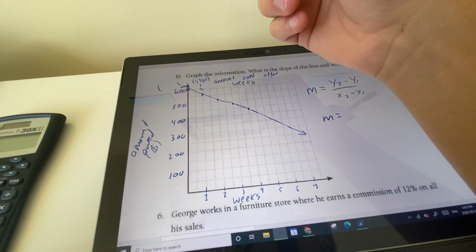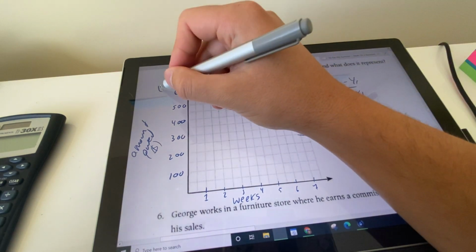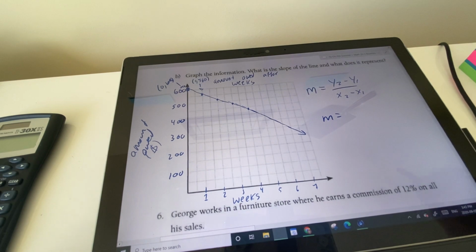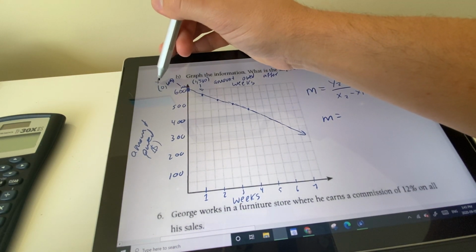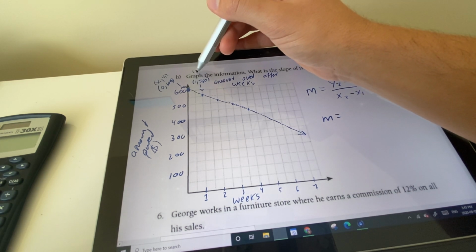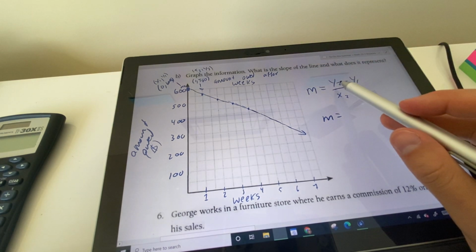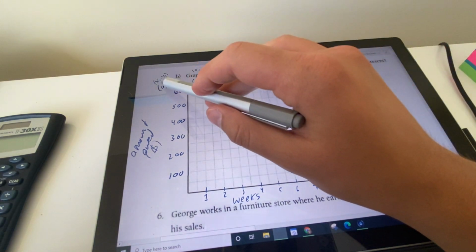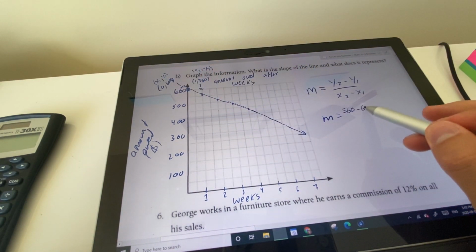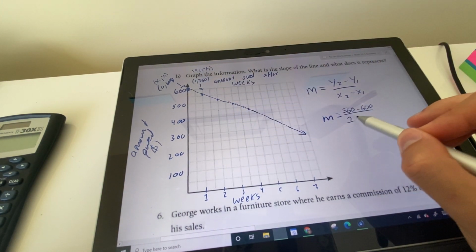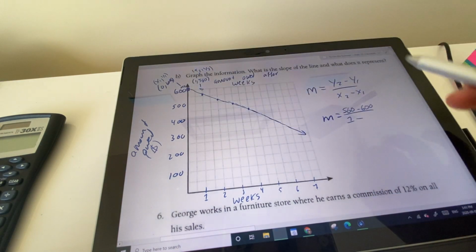You want to use easy points to figure out slope. This would be 0 and 600. I'm going to say this is x1, y1, and this guy here is x2, y2. y2 is 560, y1 is 600, x2 is 1, x1 is 0.